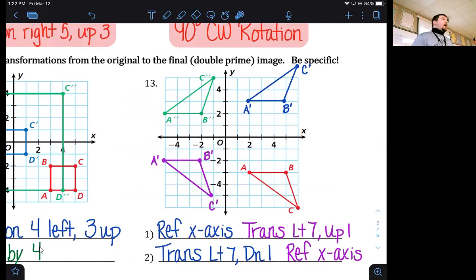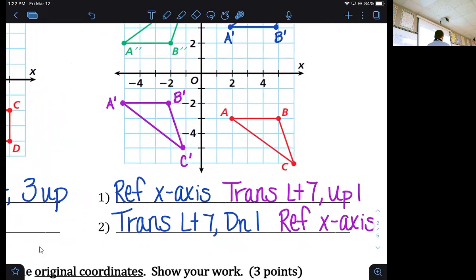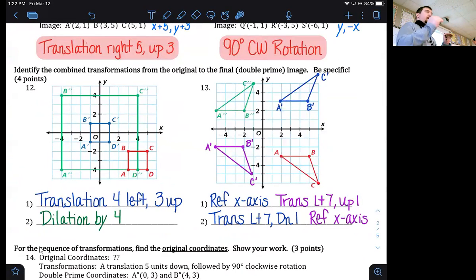If you said, well, I'm going to move it first, which is completely possible, you could have listed the translation first and translated it 7 to the left and up 1. Then you could have reflected it over the x-axis. So if you said that, then you would have these purple ones right here. Translation left 7, up 1, reflect x-axis. As long as you had those, you could have either combo and you would still have the correct answer.